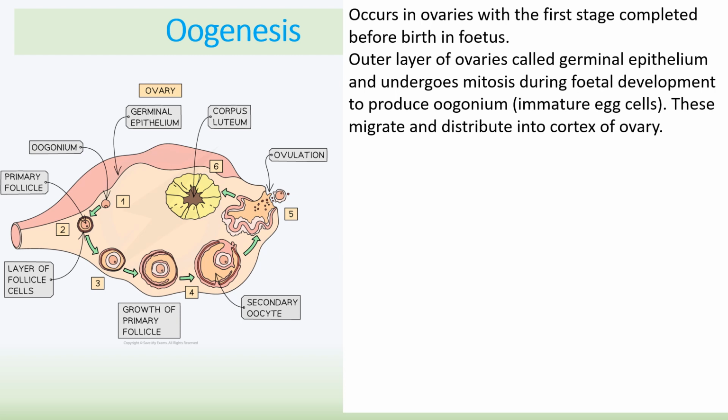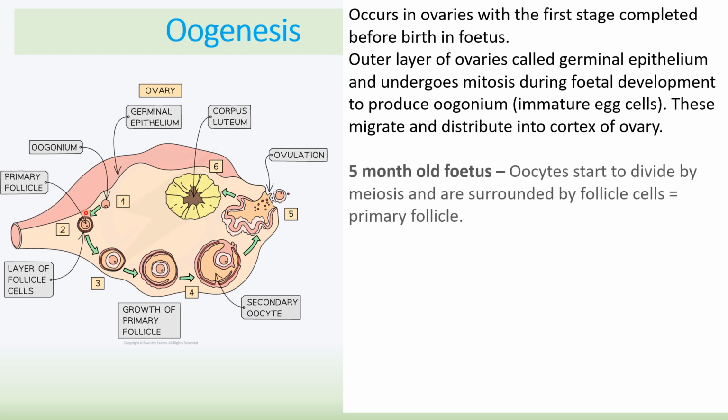So what we're saying is this is produced before the female is even born. These migrate and distribute into the cortex of the ovaries, so they'll be stored in the ovaries. At 5-month-old fetus, oocytes start to divide by meiosis and are surrounded by the follicle cells, forming the primary follicle. So this point here happens at 5-month-old fetus.